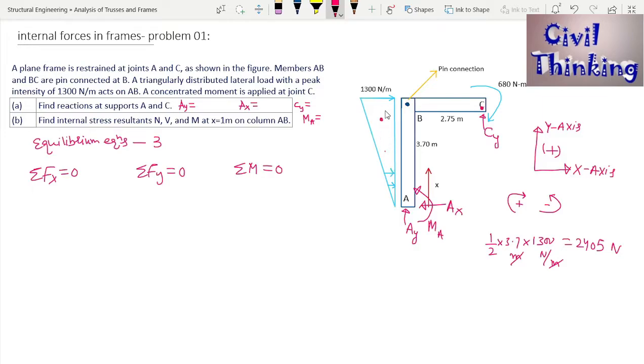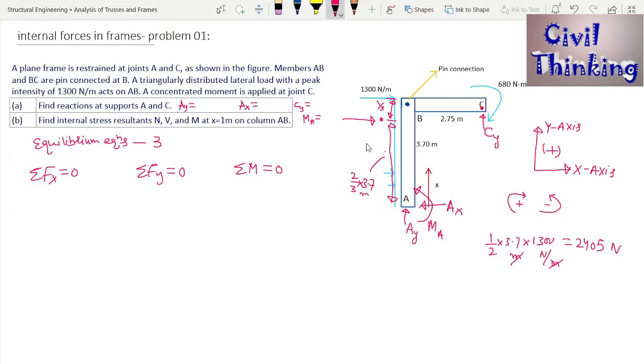From here to here it is going to be one third of 3.7, and from here up to here it is going to be two-thirds of 3.7. I think this is basic trigonometry, you might know this. So let me calculate one third of 3.7 and two-thirds of 3.7, and the load will act here.